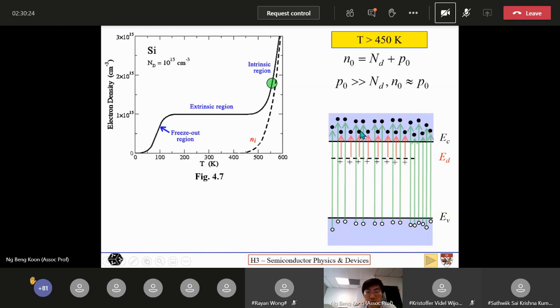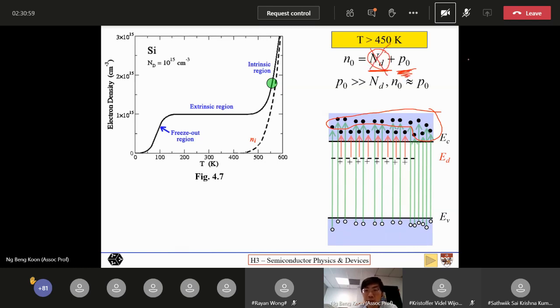Once you go above 450 Kelvin for silicon, you actually get a lot of band-to-band transitions, so much so that the number of electrons from band-to-band transition starts to overwhelm and becomes the dominating number. If you look at your charge neutrality equation, in the extrinsic region, N_D is the dominant component. But when your temperature goes too high, the p naught will increase significantly, such that the N_D can become negligible.